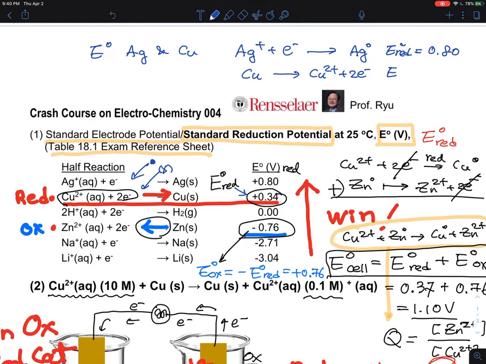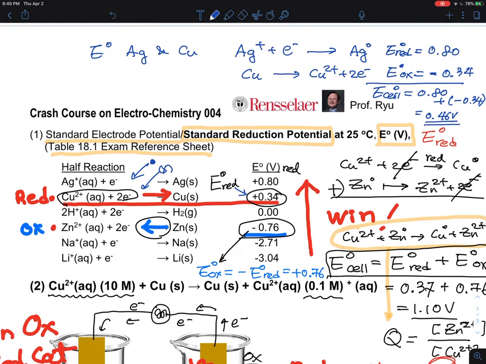And then E naught for oxidation will be the opposite value of that. So minus, right? Because it's an oxidation, 0.34. And then my E cell is 0.8 plus minus 0.34, right? So you just add it up, and you will have 0.46 volt.